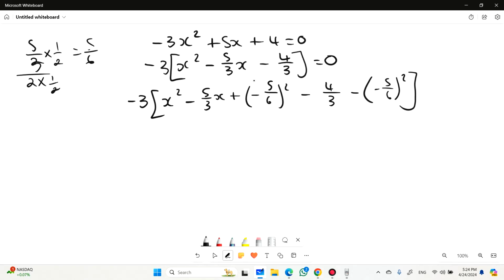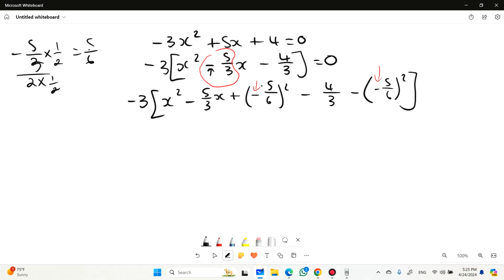Right, so hoping that you're following. Now the reason why I put the negative here is because this here is a negative. You're taking the coefficient of x, and the coefficient of x includes this negative, and hence you include this negative here. So make sure that you include that negative, because most of you will tell me that the negative will go away because it's squared, raised to the power 2, which is an even number.